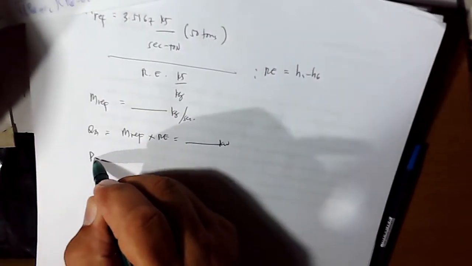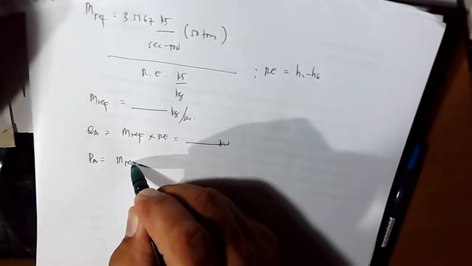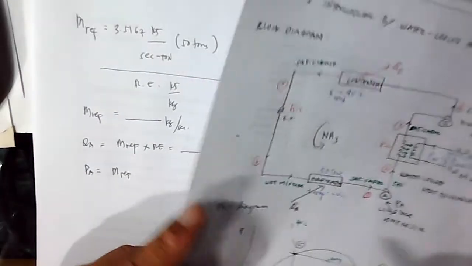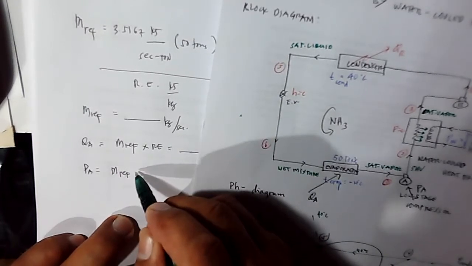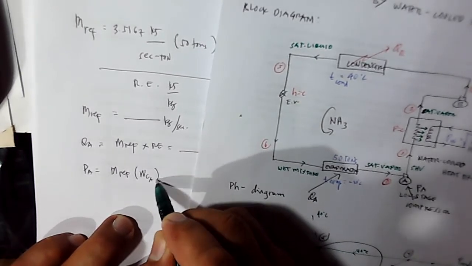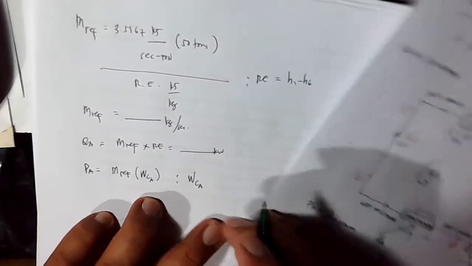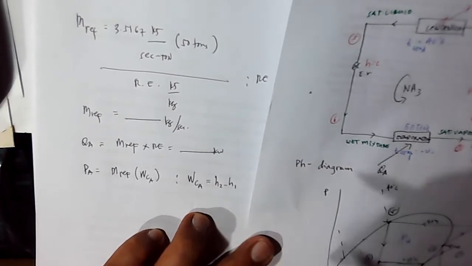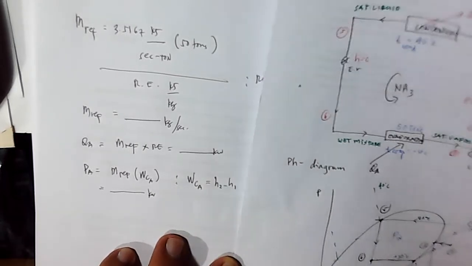Your PA is equal to mass of refrigerant, that is the mass entering your system, multiplied by the work of compressor A. Work of compressor A is just equal to H2 minus H1, so that you have your kilowatts there.